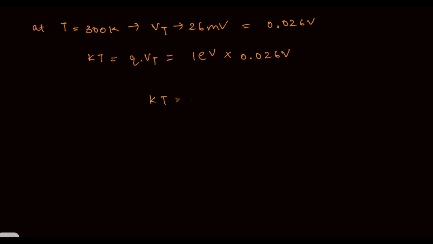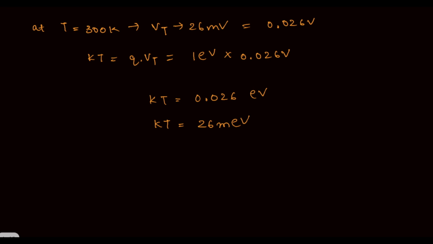Then my kT will be 0.026 electron volt. If I want to convert that into millivolt, then that will be 26 milli electron volt. So this is how, if you are given Vt, we convert that into kT.